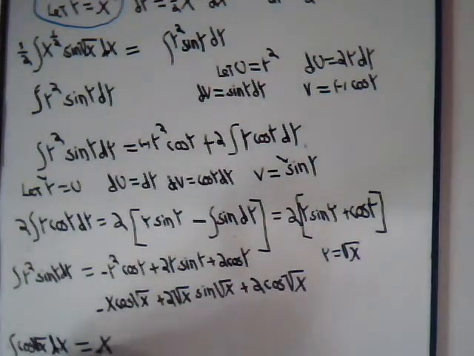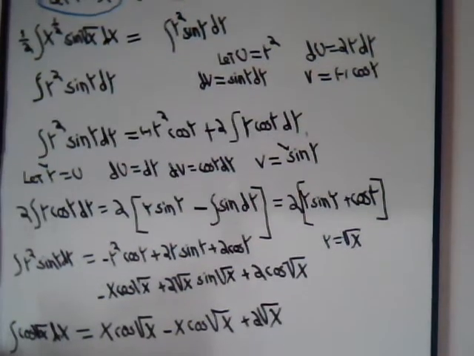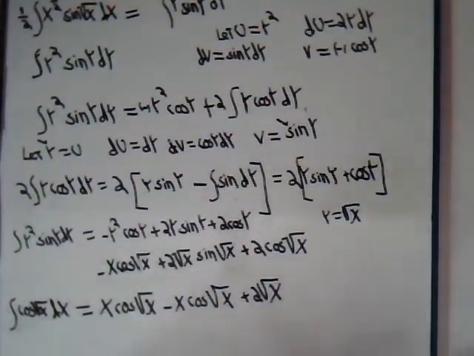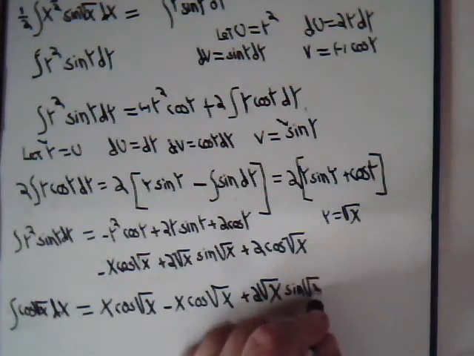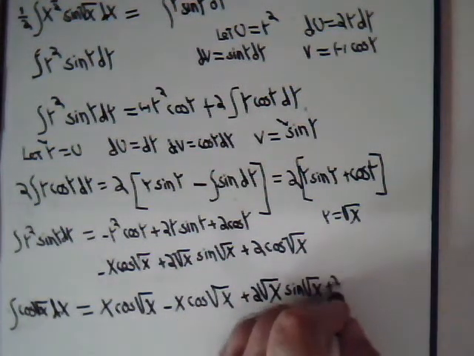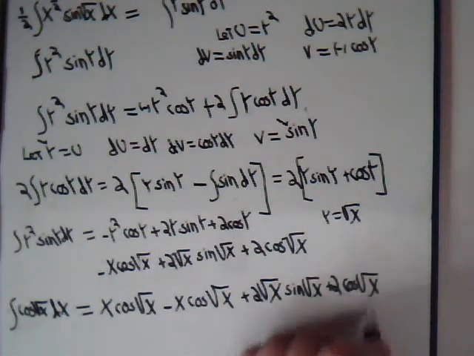So that's x times the cosine of the square root of x minus x times the cosine of the square root of x plus 2 times the square root of x times the sine of the square root of x plus 2 times the cosine of the square root of x.